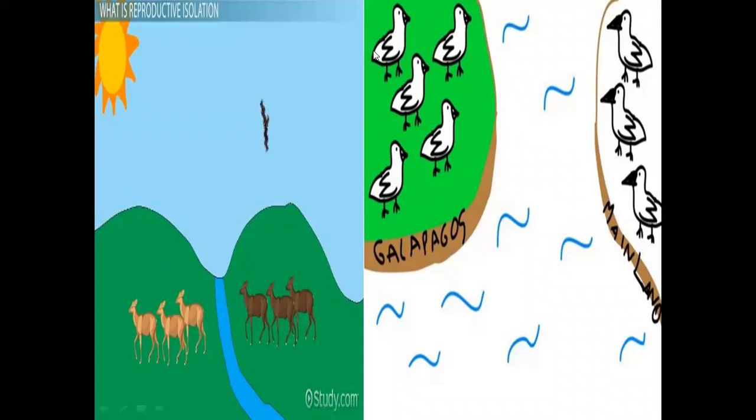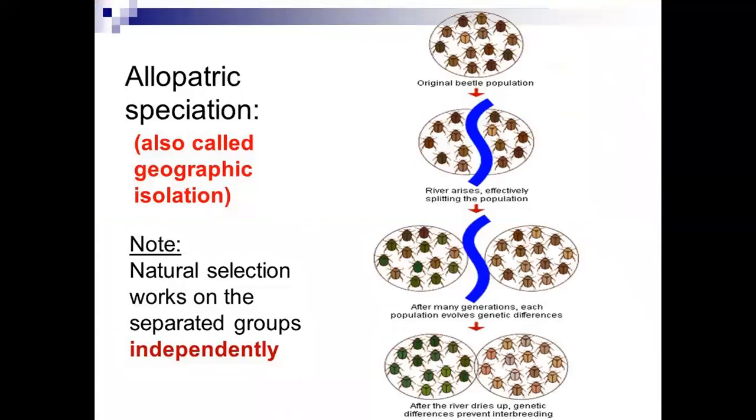Why have different species been formed? Because the environmental condition on each island is different. So for this reason, new species has been formed. Allopatric speciation is also called geographic isolation.